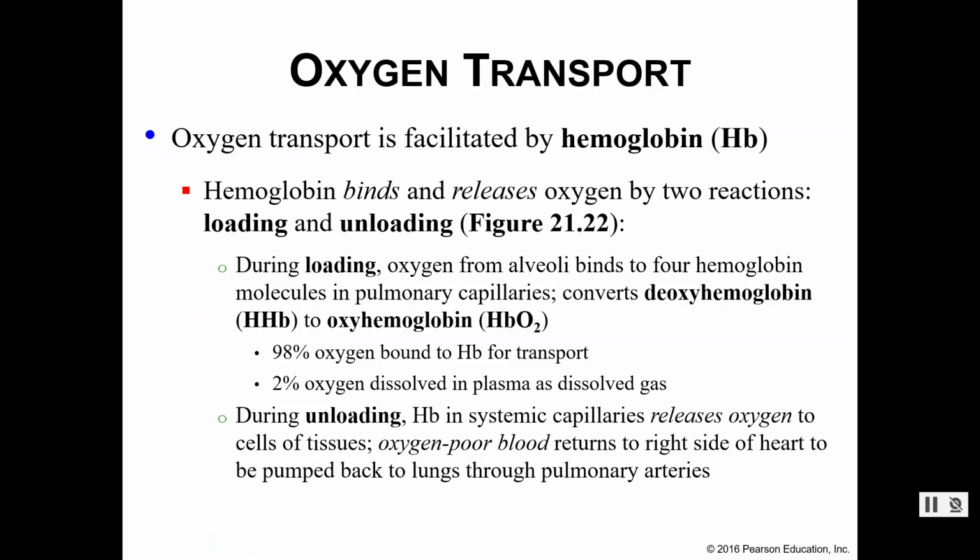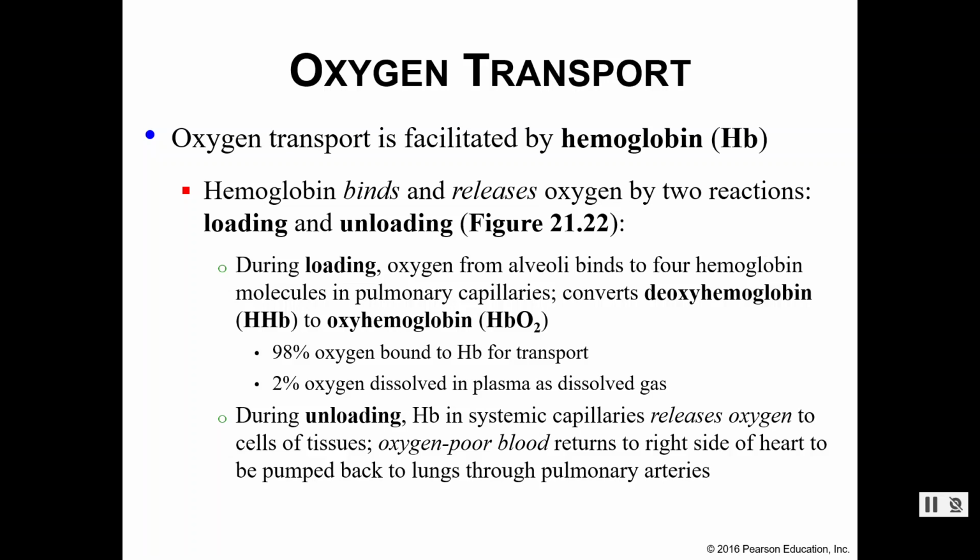98% of your oxygen is bound to hemoglobin for transport. The other piddly 2% is dissolved in your plasma. And then we have to unload it. Your hemoglobin at your systemic capillaries, so at your cells, we're going to unload the oxygen from the hemoglobin.